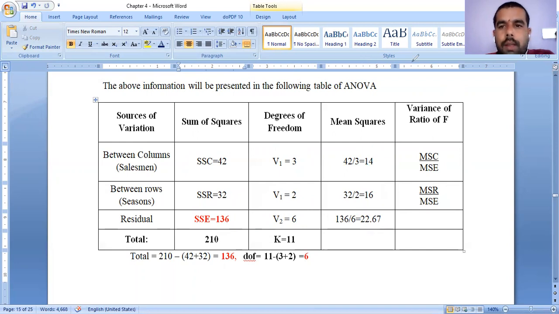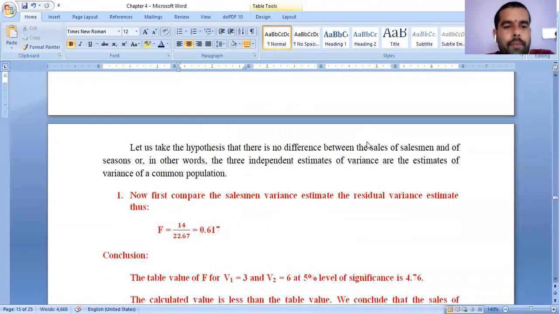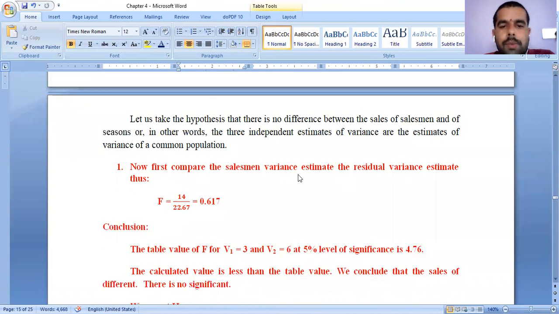So observe carefully the conclusion number 1. Okay, let us take the hypothesis that there is no difference between the sales of salesmen and of seasons. In other words, the three independent estimates of variance are estimates of variance of a common population. First compare the salesman variance estimate with the residual estimate.